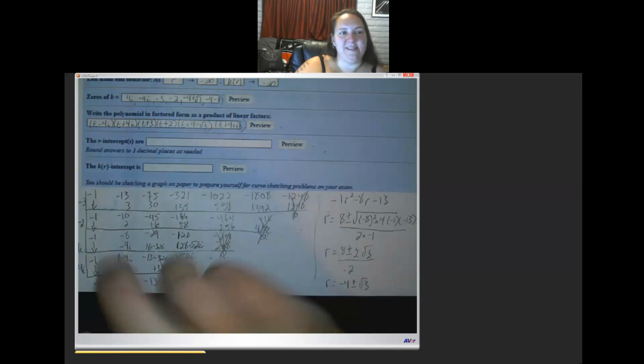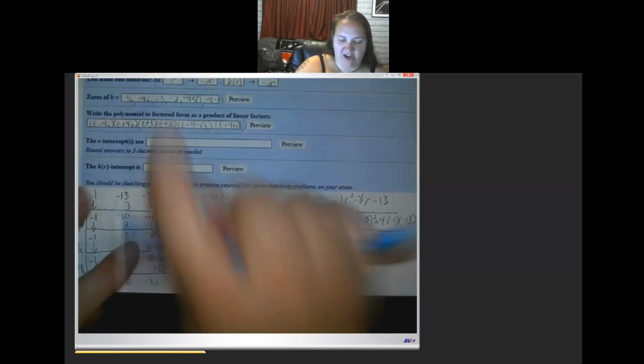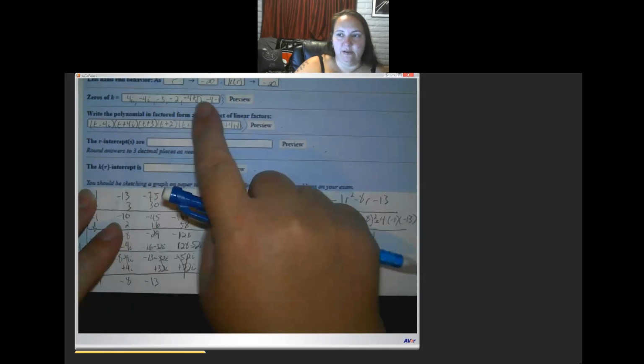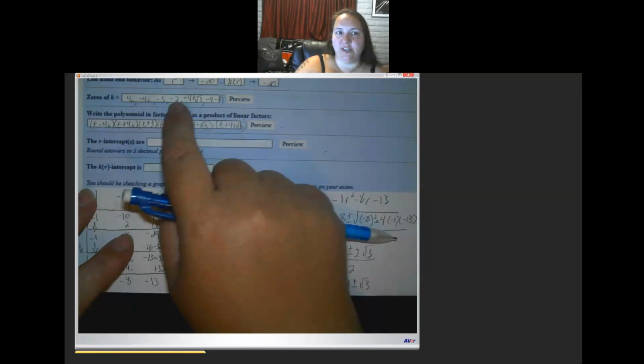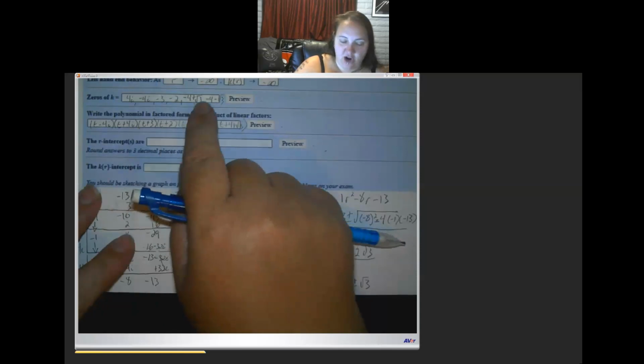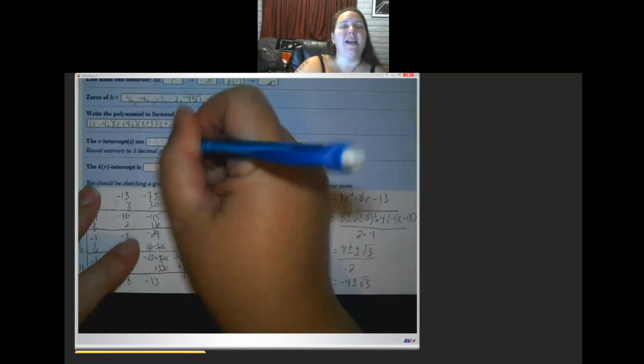Now, finding our intercepts sounds like it would be hard, but we actually already found them. Any real values in your zeros are also intercepts. So your intercepts would be at negative 3, 0. Oh my God, that was the other thing that so many of you did. You messed up your horizontal and your vertical intercepts.